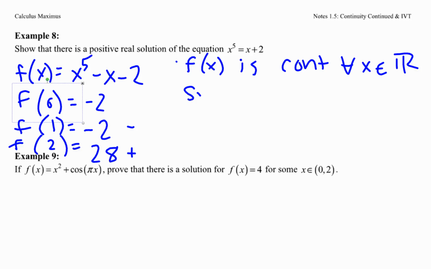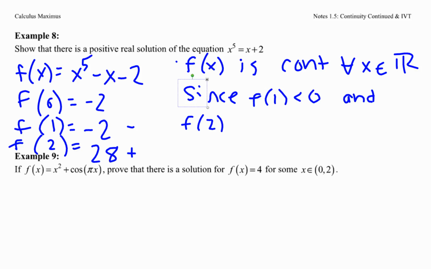So we could say since f of 1 is negative and f of 2 is positive, there must exist.